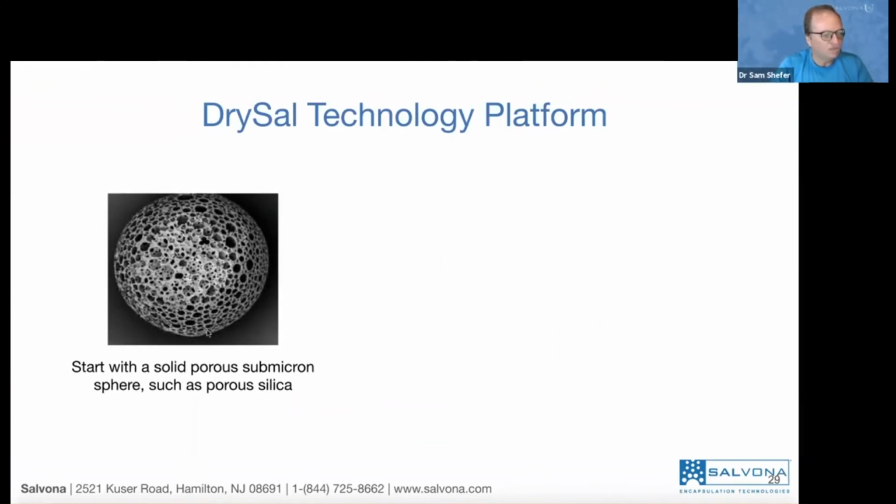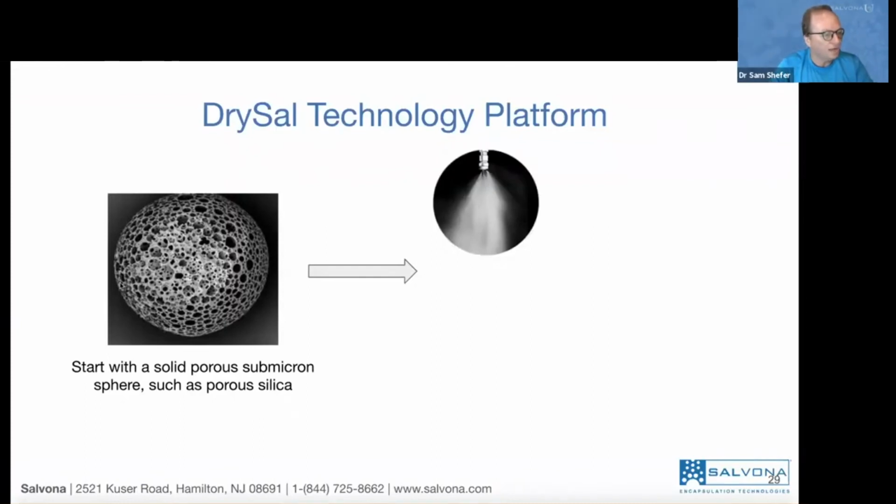Again, we start with a particle that's very, very porous. We have a special, very porous silica. You see a lot of air. It is very dusty and very easy to float. So what's happening with this? We start with this process. We spray on the functional ingredients, so now it's all absorbed inside the particles.